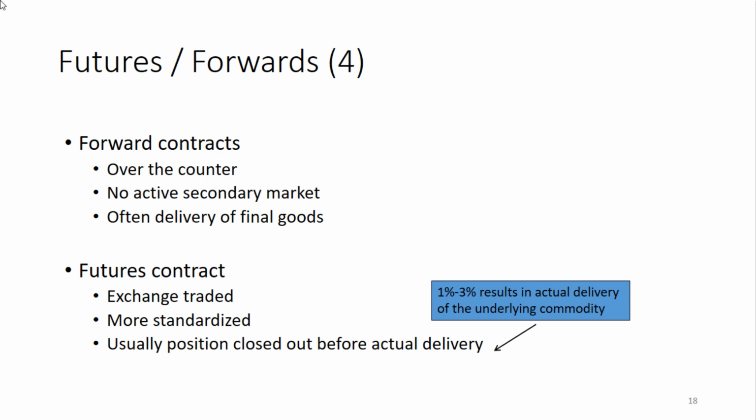So the actual delivery in the end doesn't need to take place, but simply the contract is cancelled and then the cash is paid instead of the actual delivery, the buying or selling to get the cash.